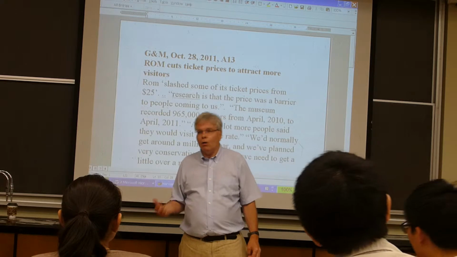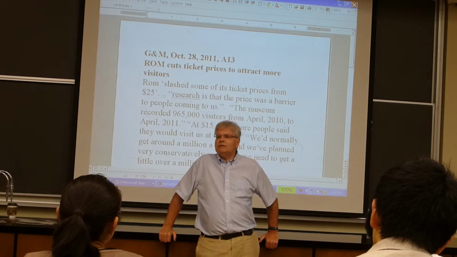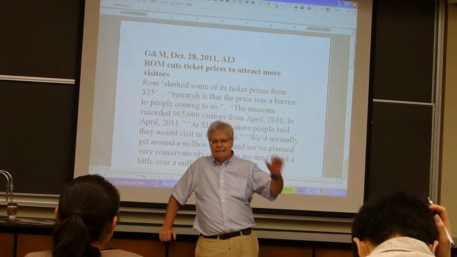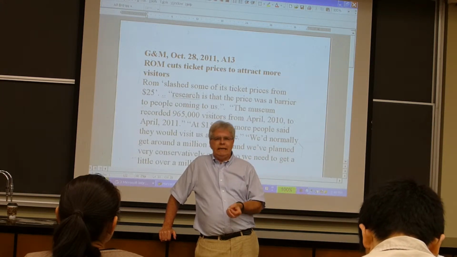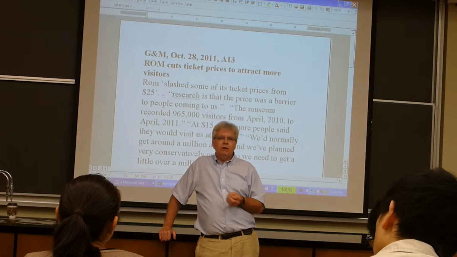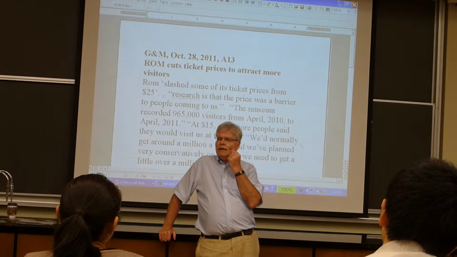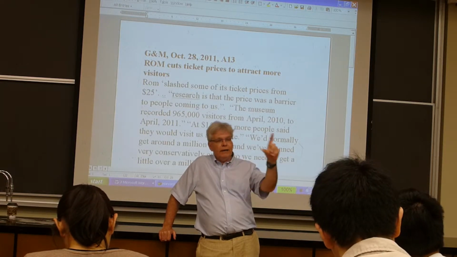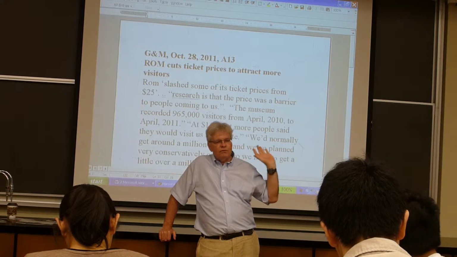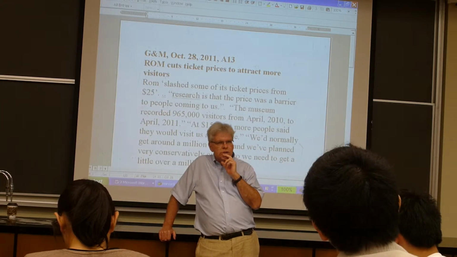Okay, now you don't know anything about arc elasticity. You're the CEO of the ROM. All you need to do is give me the most simple answer. Forget about this elasticity drivel. How many visitors do we need at $15 to have the same total revenue as at $25 and 1 million visitors? In your heads, I want a total revenue of 25 million. I'm selling tickets for $15.